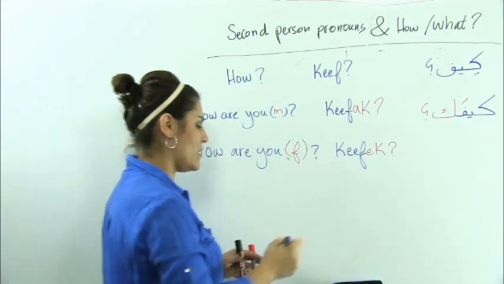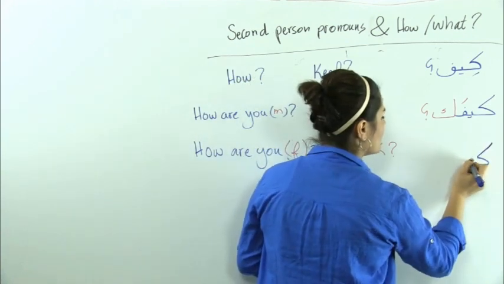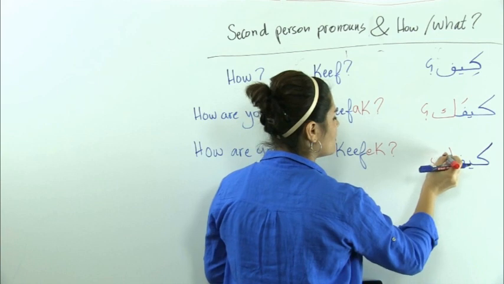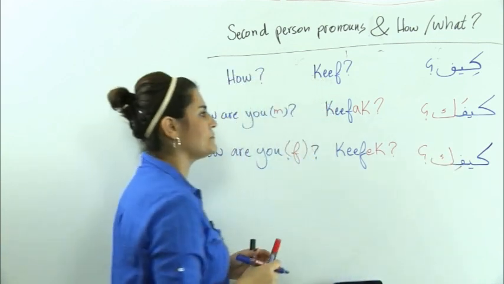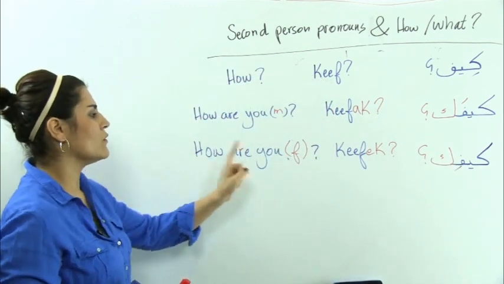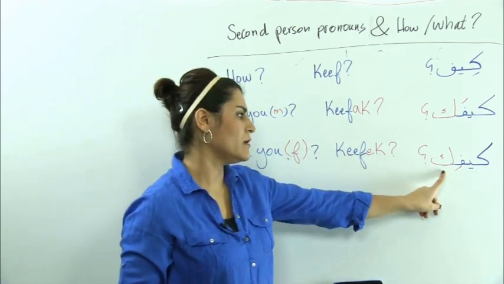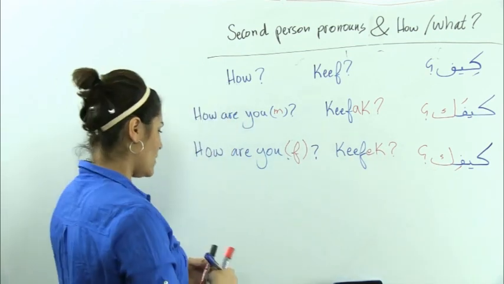And in Arabic it is a kasra with the letter ka. So how are you, feminine? The suffix is ik, and in Arabic it is written like that.